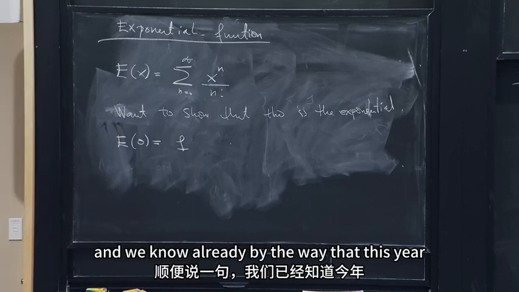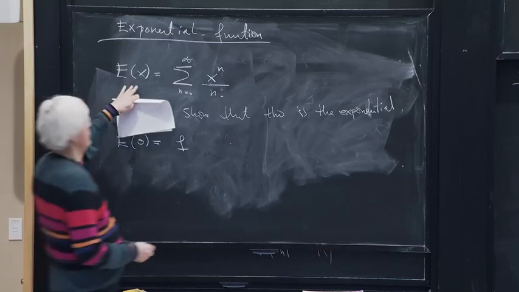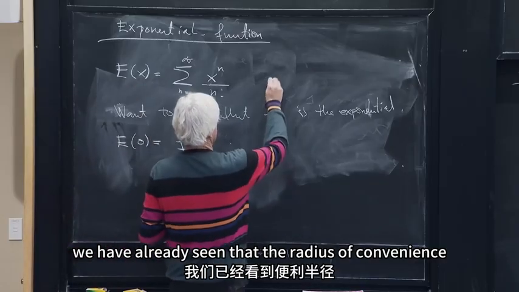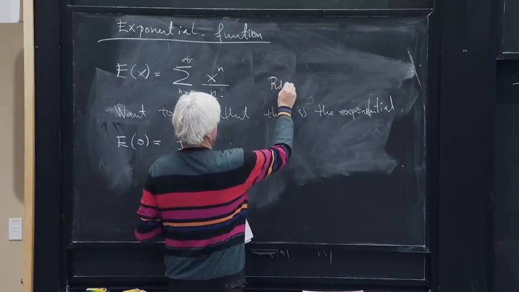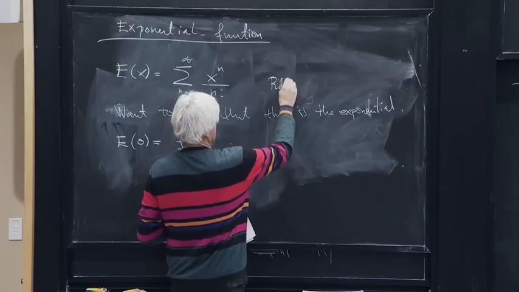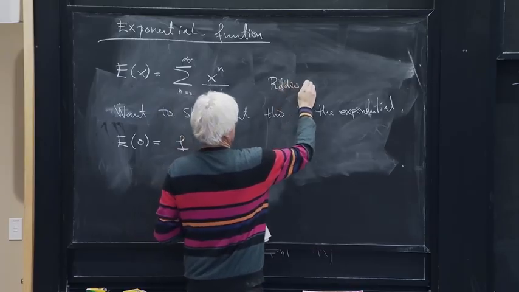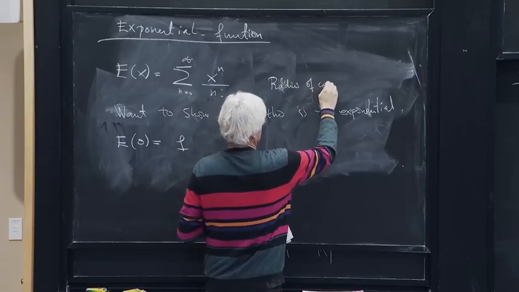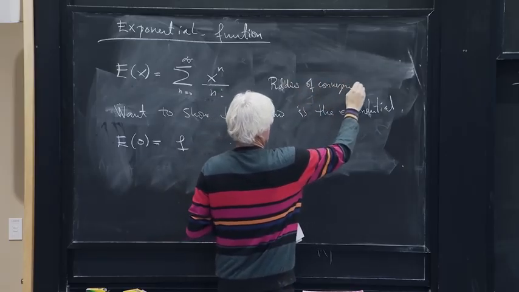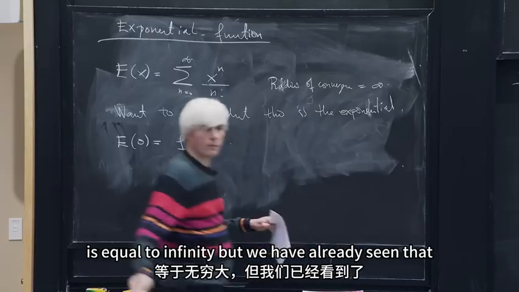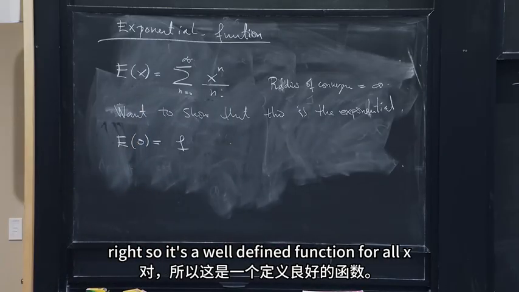We also already know that the radius of convergence for this power series is equal to infinity, right? We have already seen that. So it's a well-defined function for all x.